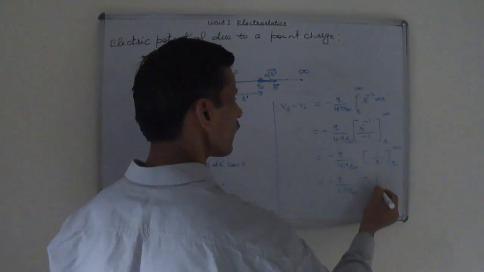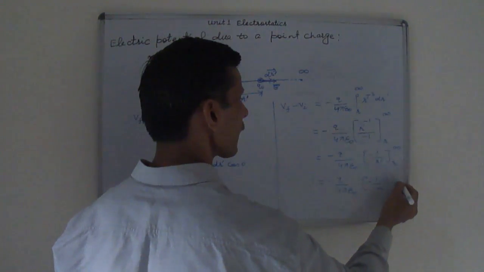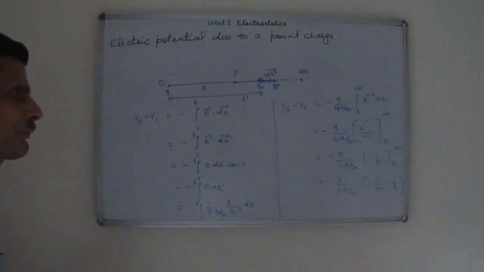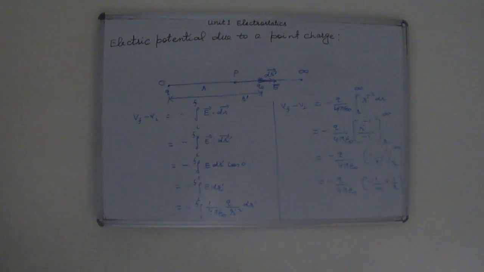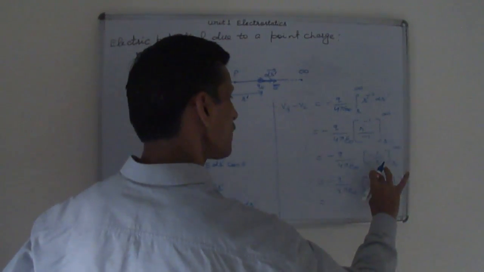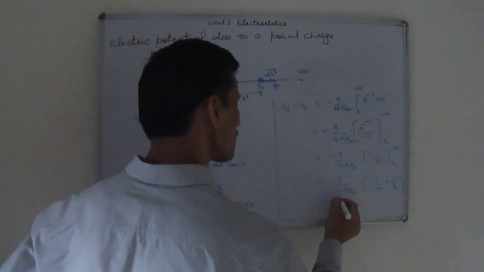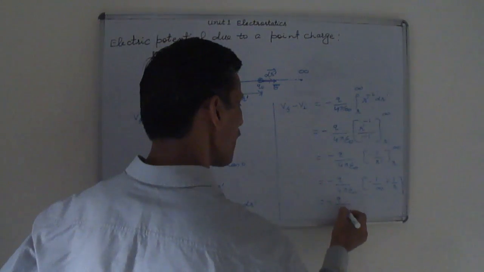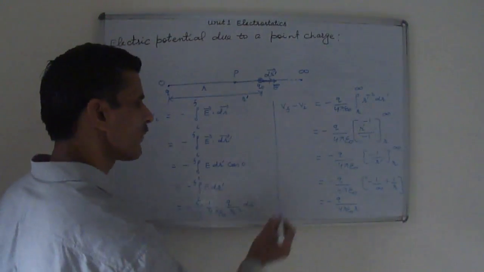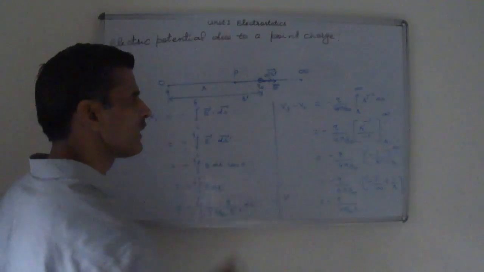So we have this relation. 1 upon infinity is 0, so minus q upon 4 pi epsilon naught r, and on the left side we have Vf minus Vi.